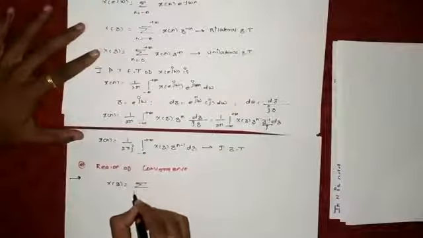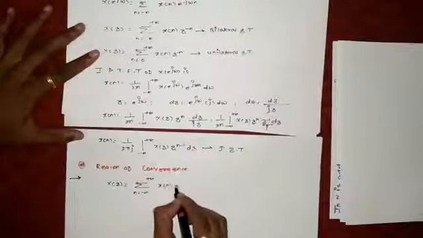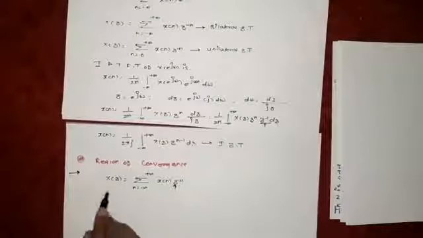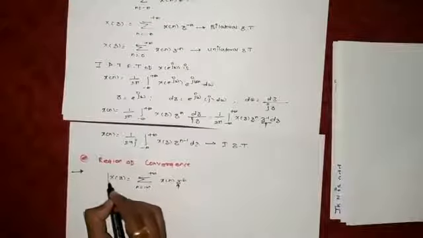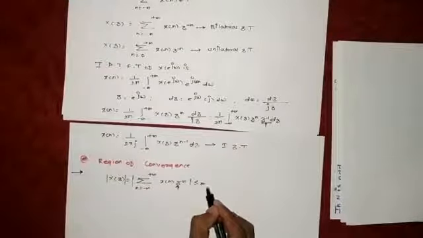Now if I write this equation again, X of z equals summation from n equals minus infinity to plus infinity of x[n] into z raised to minus n. Now the important condition is what? We have to find all the values of z for which X of z will be finite. That means its magnitude will be less than infinity. So the important condition is that mod X of z should be less than infinity.